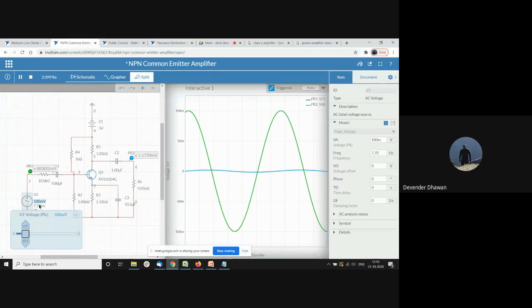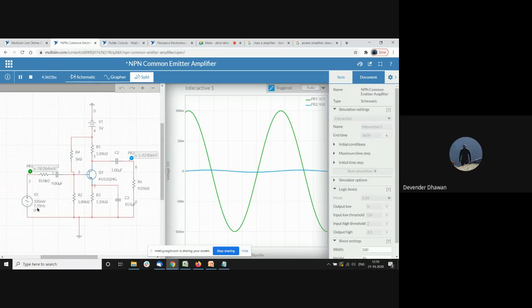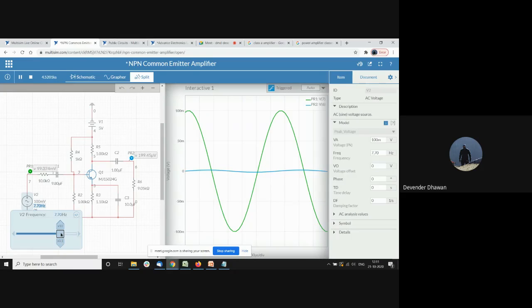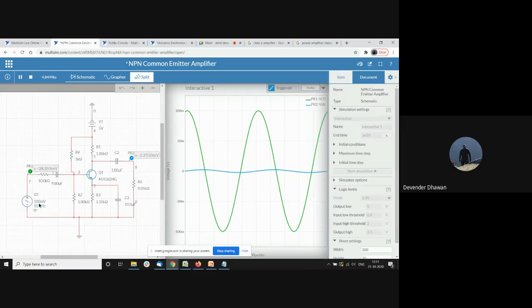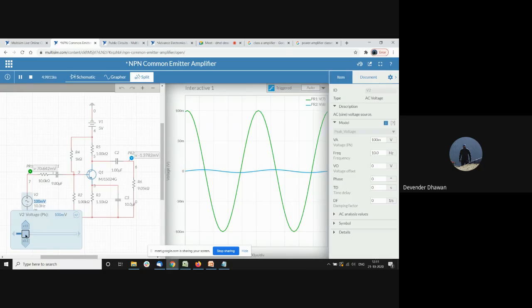So we know that after 500, the signal will start increasing. Once I start increasing this, and after 500 hertz, it will surpass the original signal. That means it will be amplified. So you see the signal is increasing a bit, but obviously it is less than my original signal.